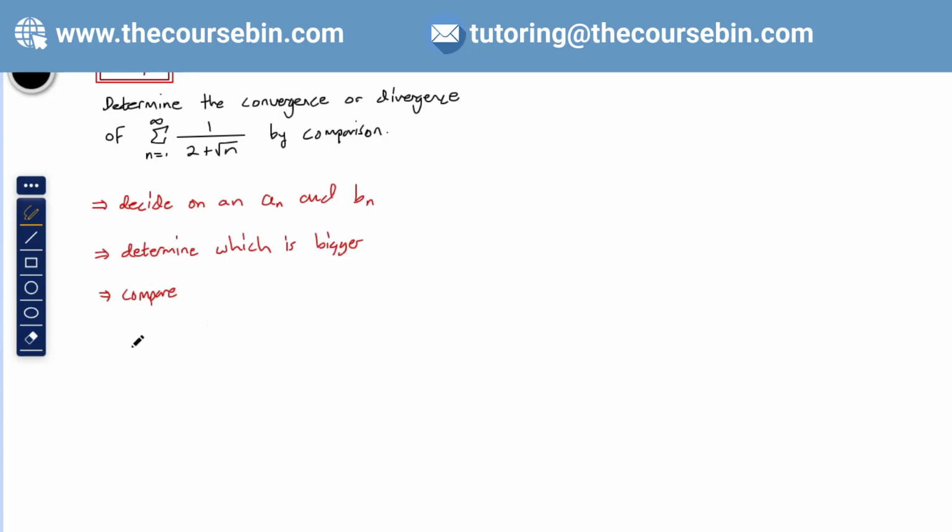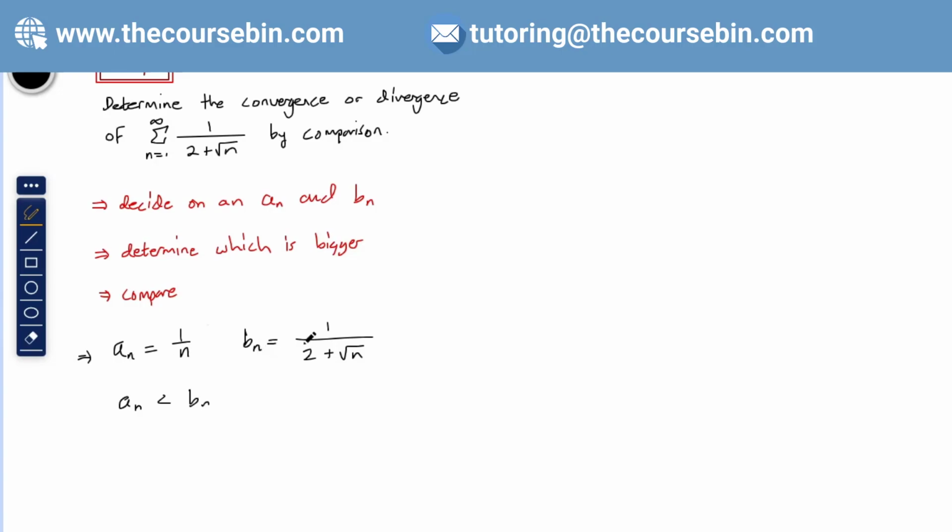So let's say our a sub n is equal to 1 over n, and our b sub n is equal to 1 over 2 plus square root of n. All right, so the a sub n is smaller. So we'll say our a sub n is smaller than b sub n.